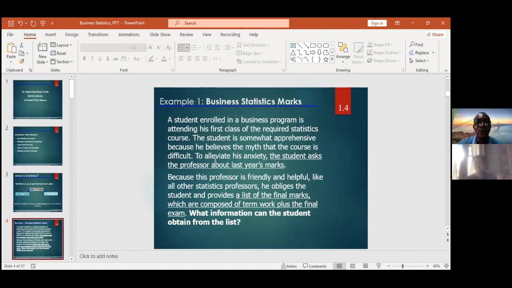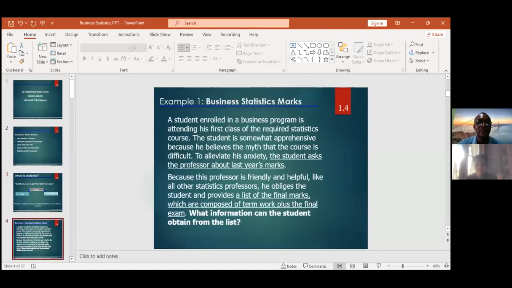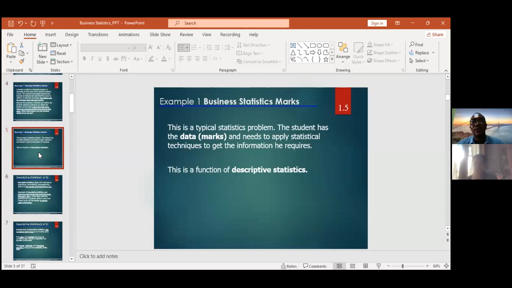It enables you to gather information from the data. So this is a typical statistics problem.